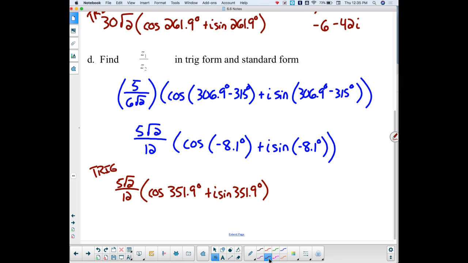And then the standard form I want to say is something over 12. Like 5 minus 7i over 12, I think, something like that. Anybody do the standard form? 7 minus i over 12? Yeah. For the divide? Okay.